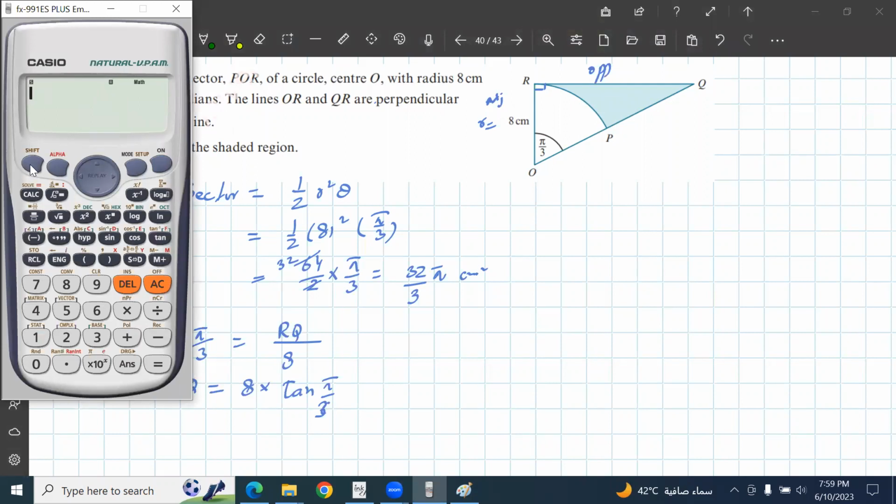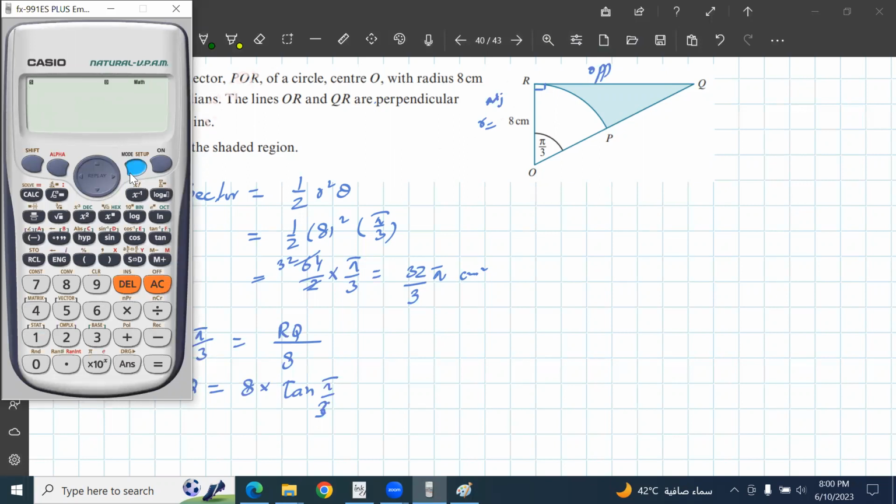Now you can check in a simple way. I hope it will give the answer in radian also. tan, shift, pi over 3. This is 0.01, but we are looking for the exact answer.